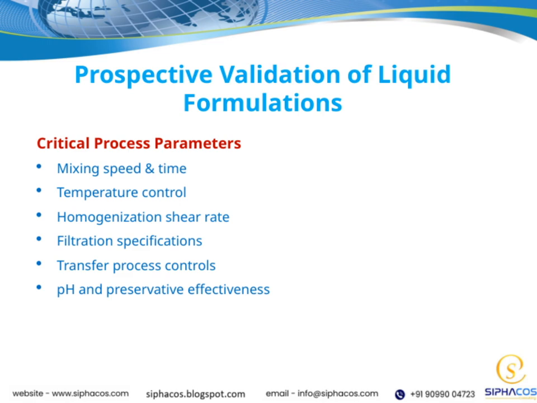Lastly, monitoring pH and preservative effectiveness is essential for ensuring microbial stability and extending shelf life. All of these parameters are interconnected and must be carefully controlled to validate the consistency and safety of our liquid formulations. This is where prospective validation comes into play, allowing us to predict and verify that our process will reliably produce high-quality products every time.